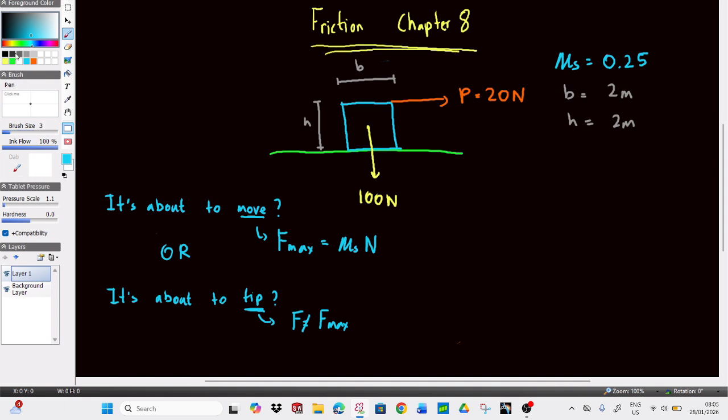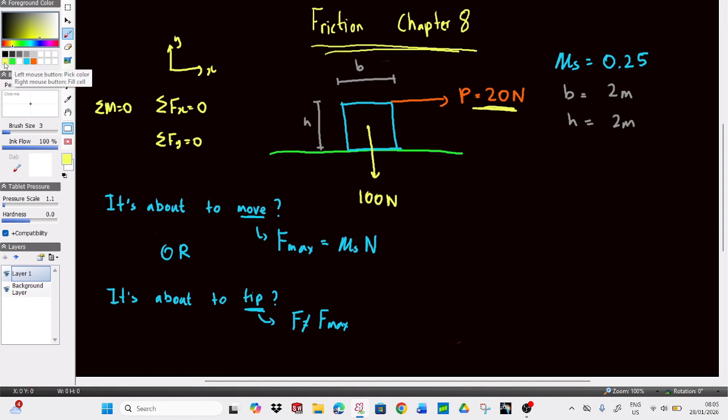Here's the thing: because we're already given our P, we already know our load force P. If we consider everything with positive x and y, we know that summation of Fx equals 0, summation of Fy equals 0, and summation of M equals 0.